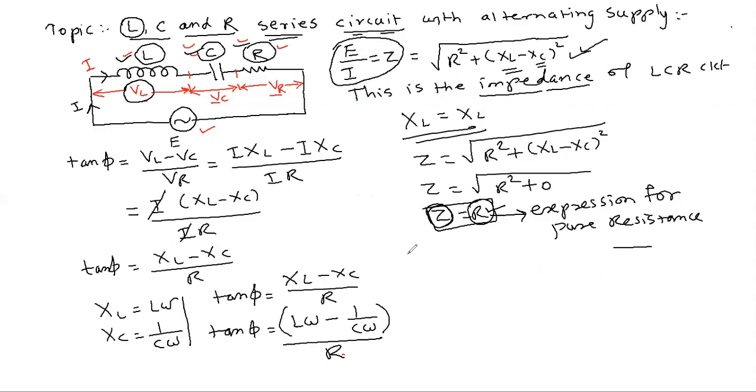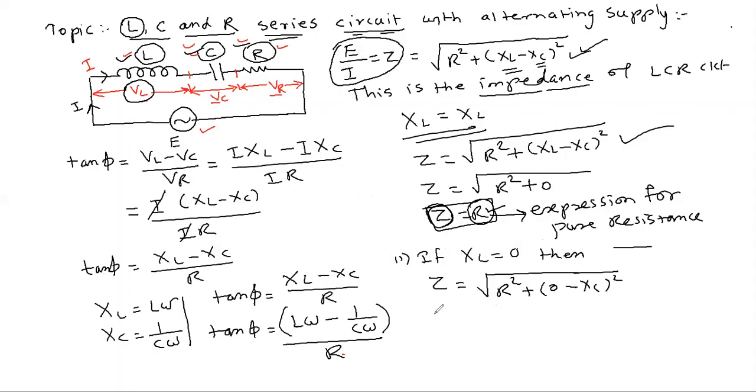So in the second case, if XL is equal to 0, then Z is equal to square root of R square plus 0 minus XC square. So simply you will get Z is equal to square root of R square plus XC square. This is the expression for the series RC circuit.